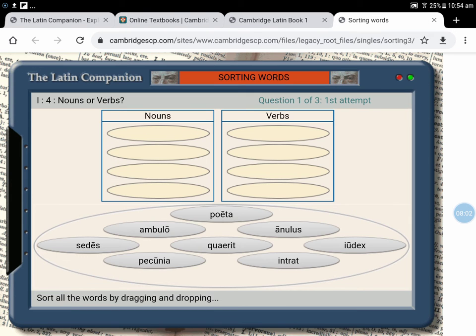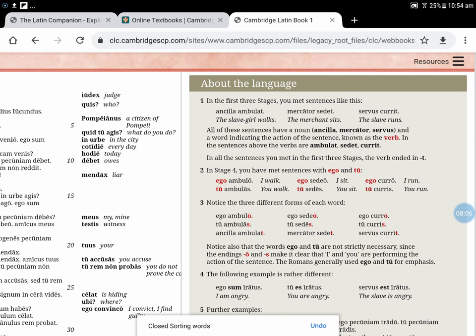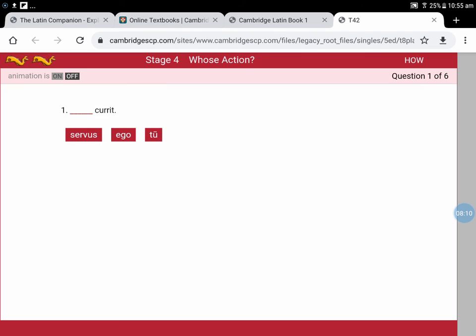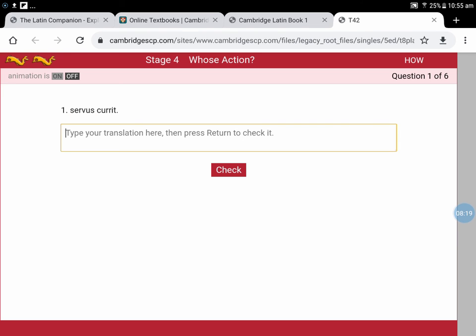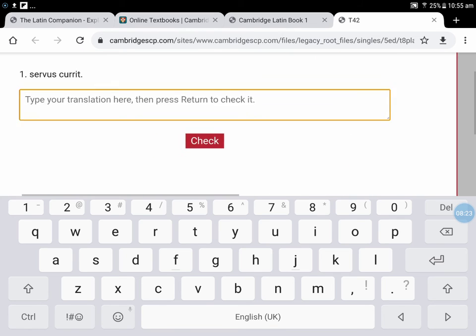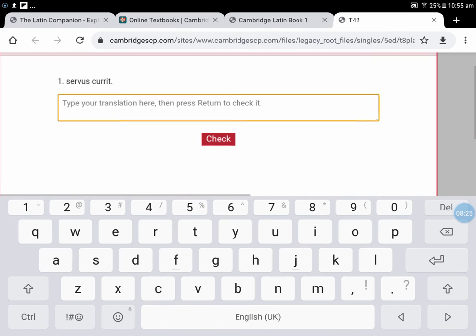Was there anything else? Nouns or verbs? That's something else to sort out. So have a go at that. And finally, whose action? Somebody currit. Is it the servus? Is it ego? Is it tu? Well, I'll tell you now, servus currit. But what I have to do is type in a translation.